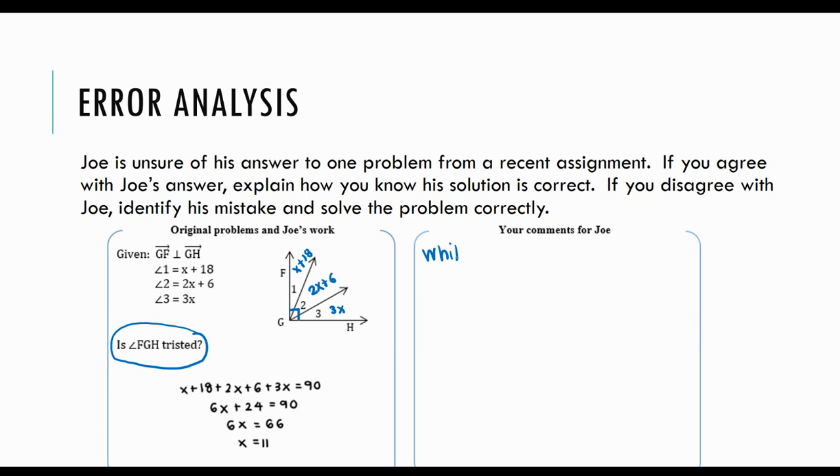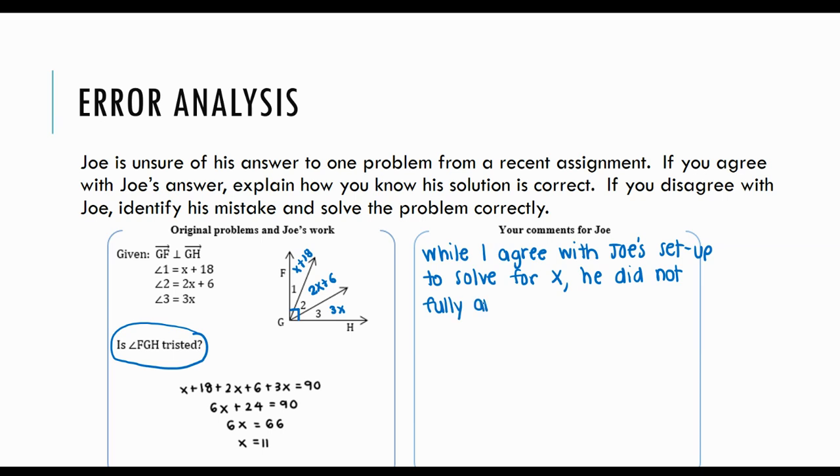So I'm going to say, while I agree with Joe's setup to solve for x, he did not fully answer the problem. Okay, so that's me. Yes, I'm kind of agreeing, but I'm also disagreeing. So that means that I need to finish and solve the problem correctly.